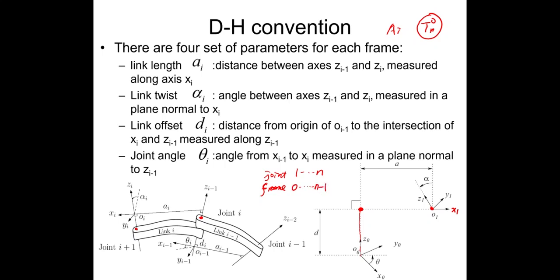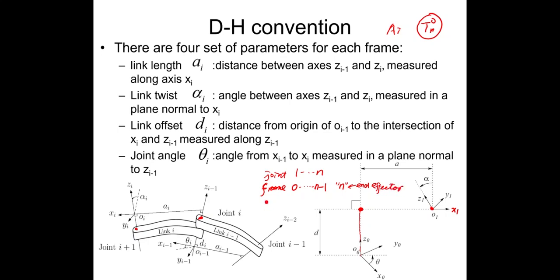It means if we call this joint i, then the coordinate frame for joint i is frame i minus 1, okay? And then we will have frame n for the end effector. That is how we define the robotic convention.